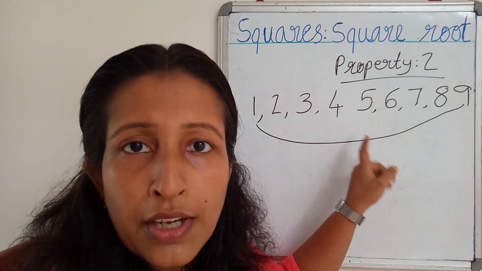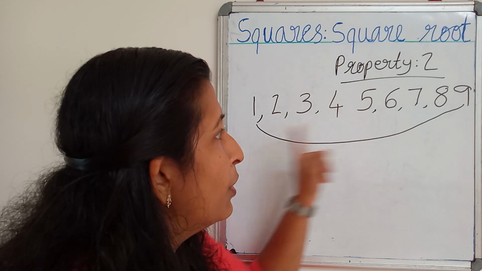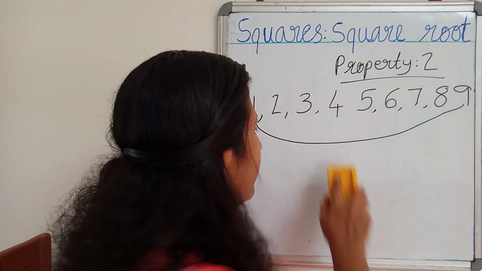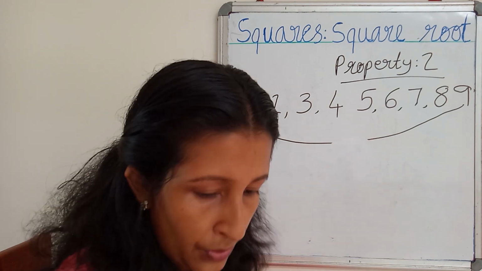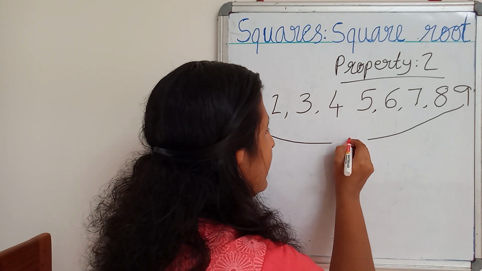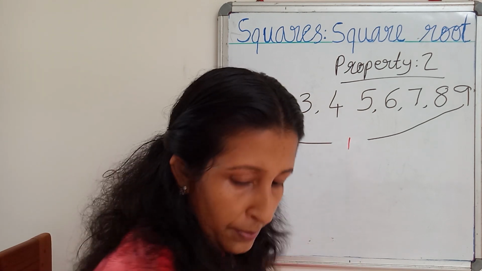What was the rule? If a number ends with 1 or 9 in its unit place, then its square should end with, you remember, 1 in its unit place.